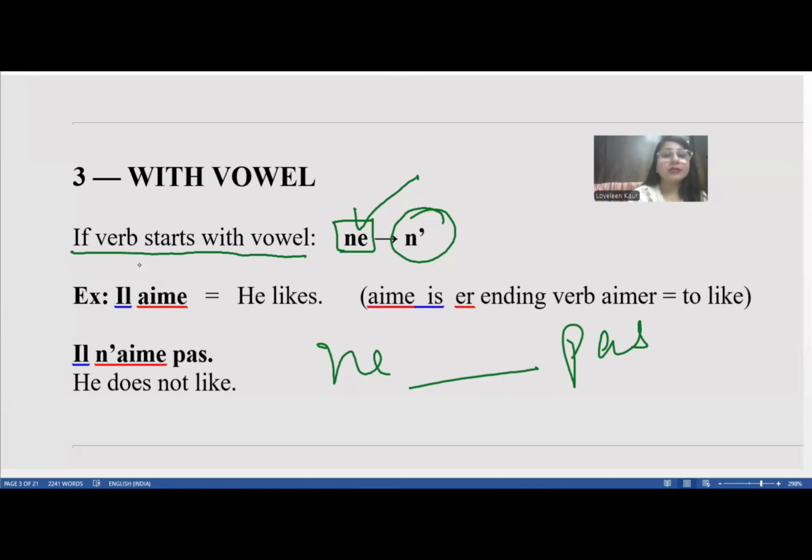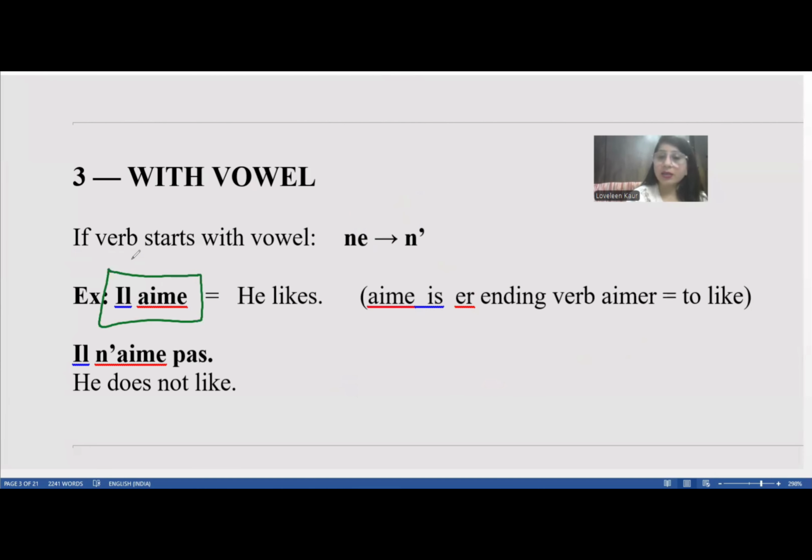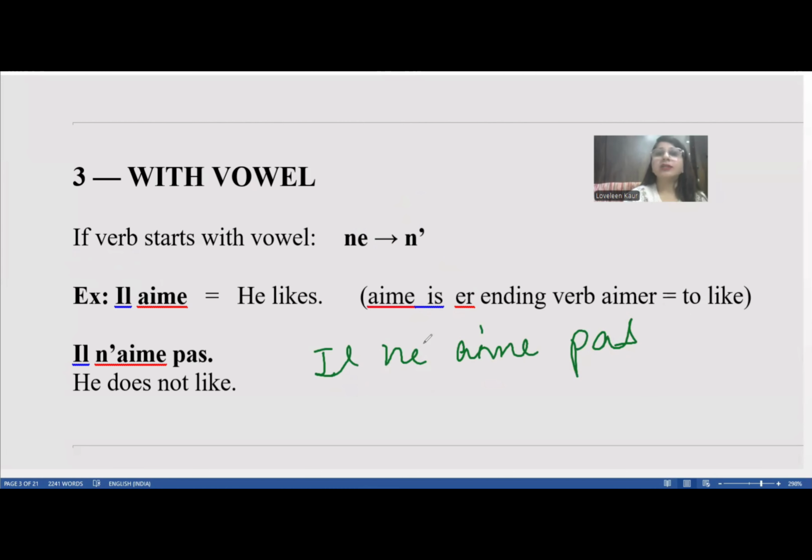Why? For example, if I say il aime, that he likes, aimer is an ER ending verb, right? To like. So if I say il aime, and if you want to make it negative, we cannot say il ne aime pas.